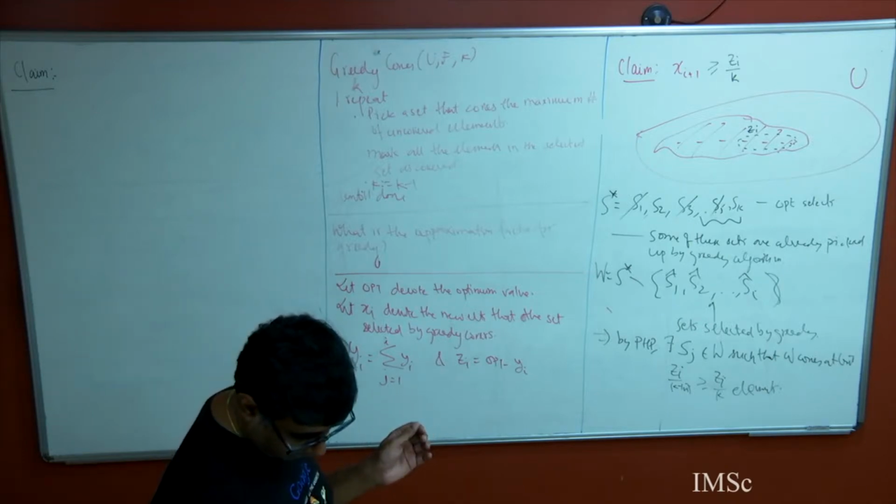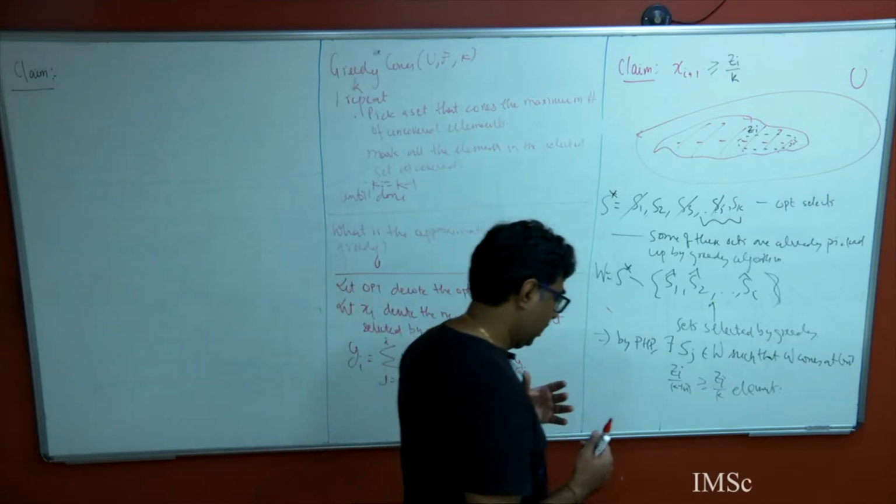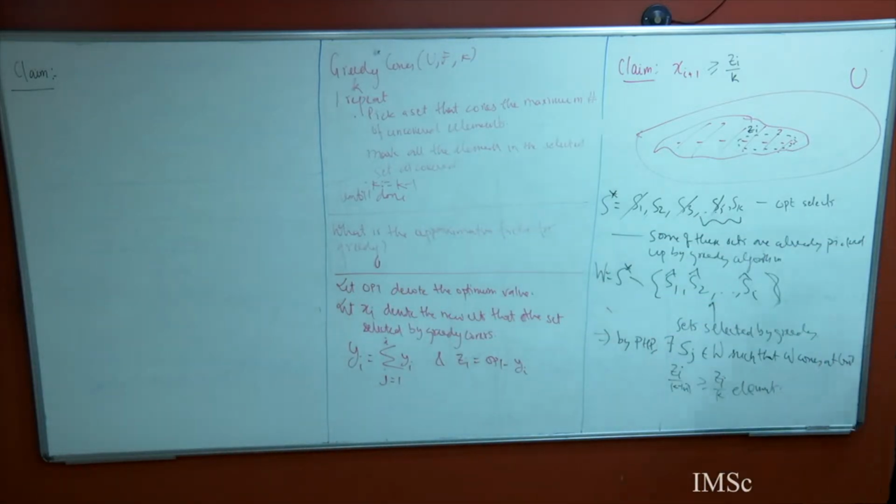What I mean by this is, if I can prove that the number of uncovered elements after the kth step is not too much left, it means I have covered a large fraction.